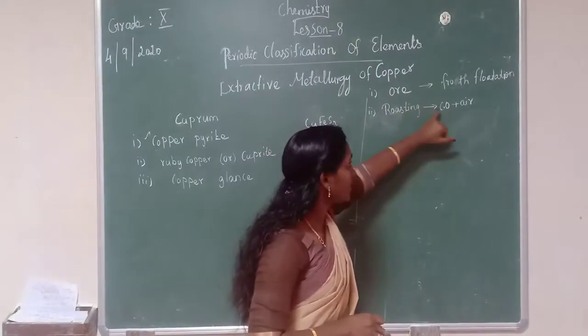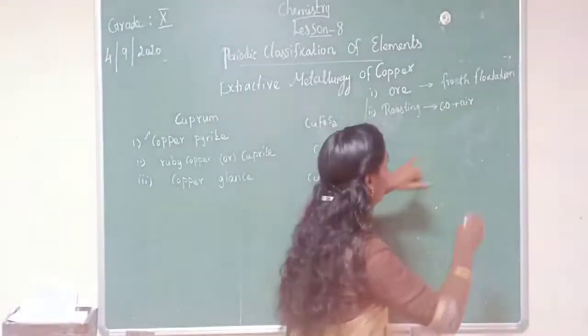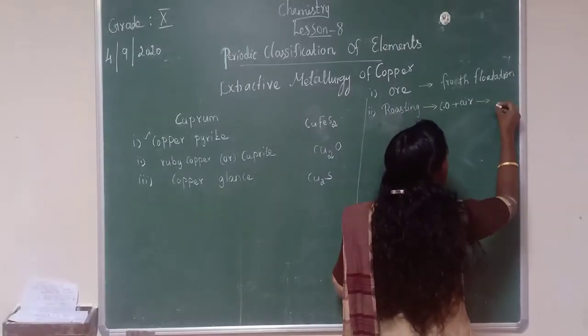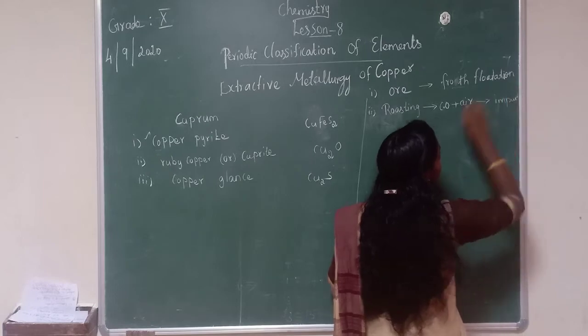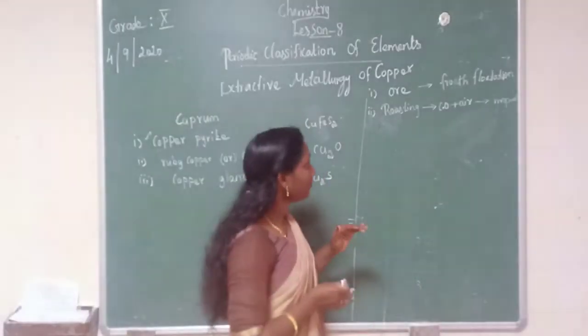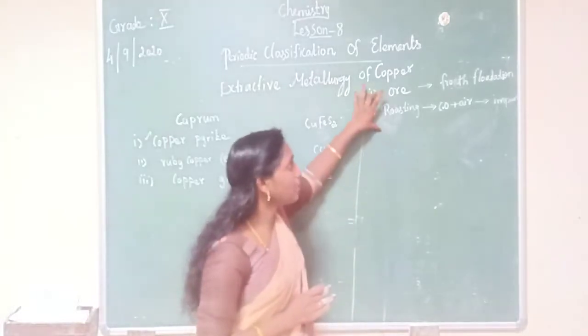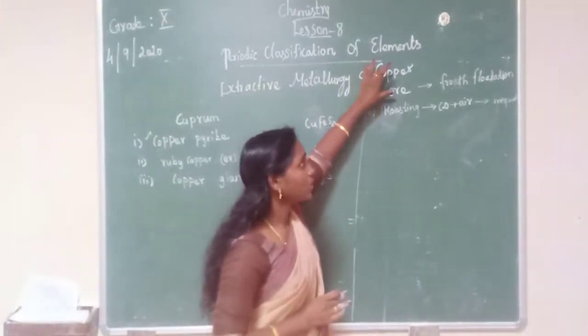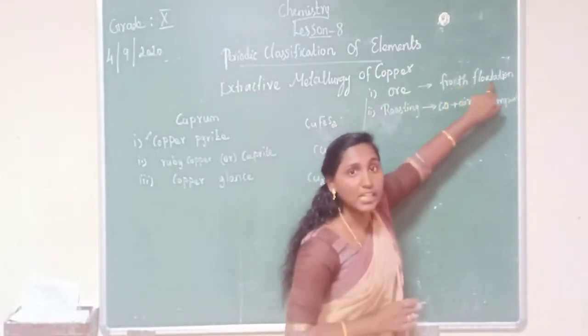So this concentrated ore is roasted in the presence of air, and the moisture and volatile impurities will be removed. Remaining, we will get some ore. Have you understood the second step? First step, the ore was crushed and separated by the froth flotation method.